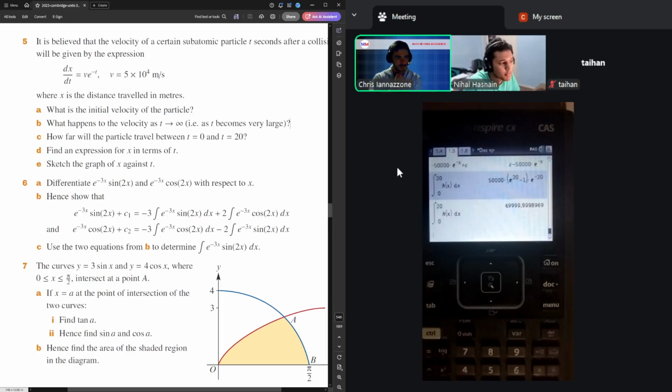Do you know why it is that way? Maybe. Why in your mind is that the case? Why is it that area under the graph in this case is accumulated distance?